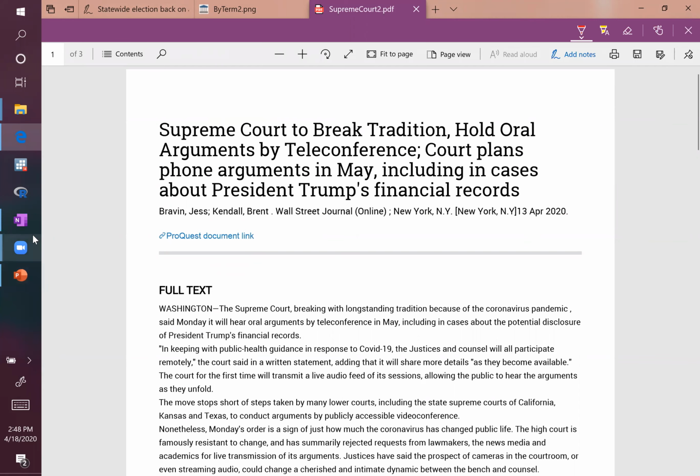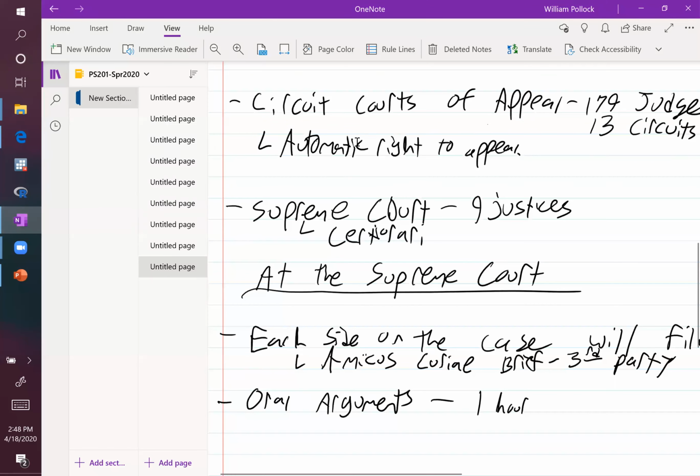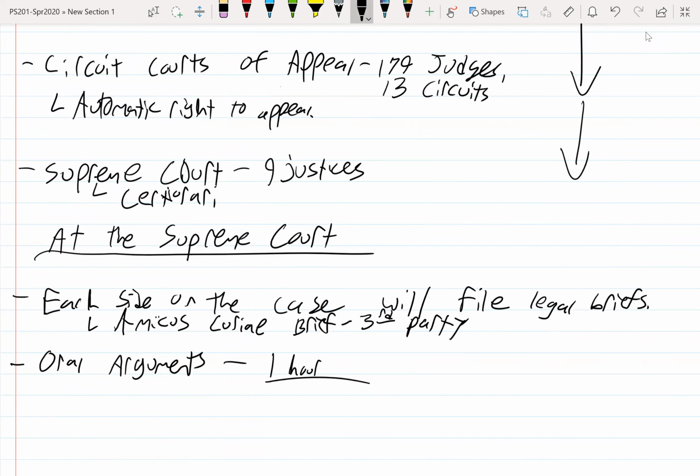I think most judicial scholars, at least my understanding of what they would say, is that oral arguments tend not to be that important. It's a very brief period of time. You'll file a legal brief that's dozens or maybe hundreds of pages, depending on the court limits, and the justices will have read that and understood your case in a pretty detailed manner.